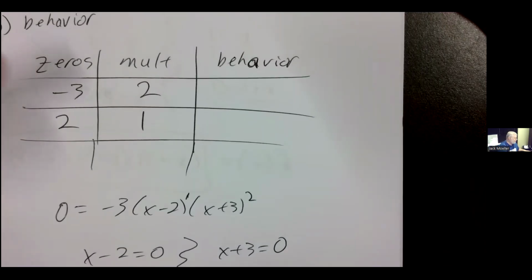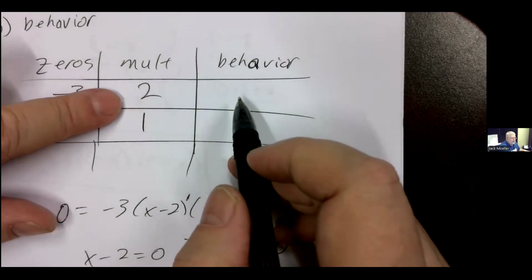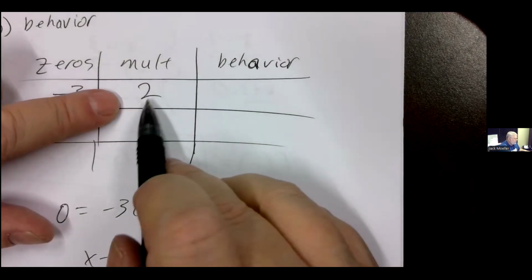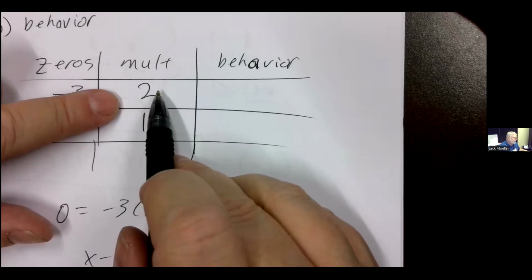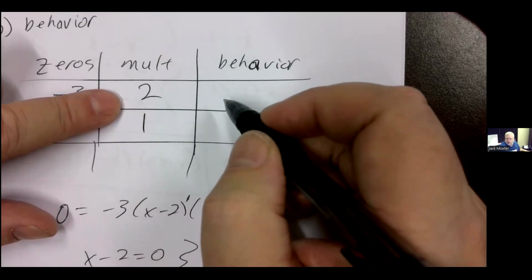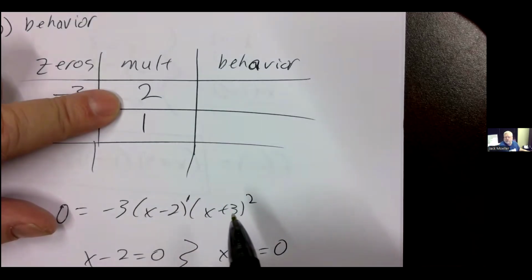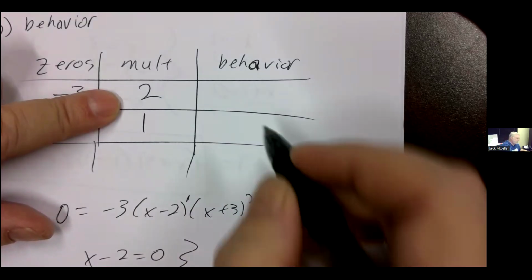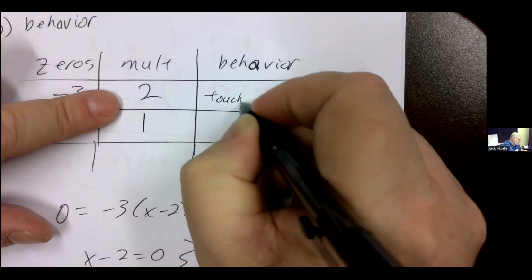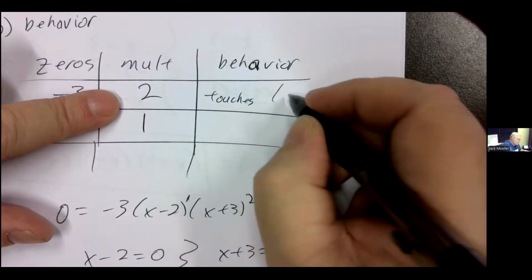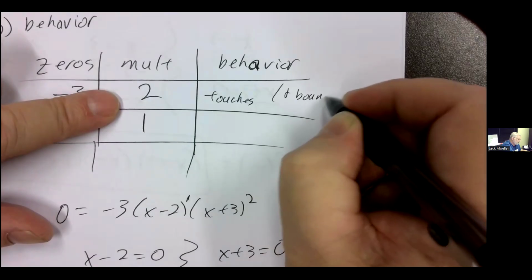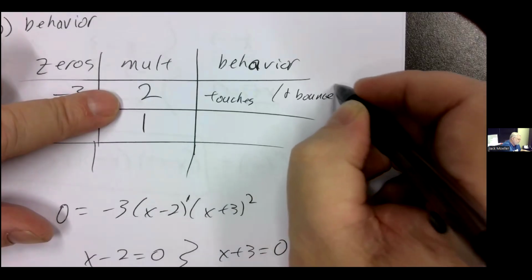Now what's the behavior? Well, multiplicity being even or odd is what matters. If the multiplicity is even, it acts like a little parabola. So it touches, then it turns around and bounces.